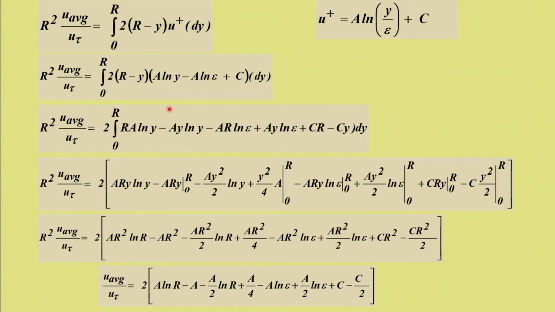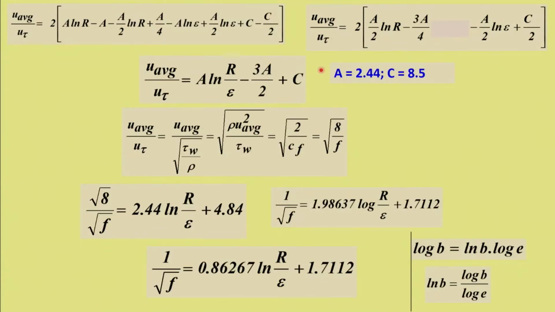So I substituted that, integrated and went through all the steps in the previous module, and I ended up with u average by u tau equal to A log r by epsilon minus 3A by 2 plus C. Substituting A equal to 2.44 and C equal to 8.5 and realizing that u average by u tau equal to square root of 8 by f, I get square root of 8 by f equal to 2.44 log of r by epsilon plus 4.84.